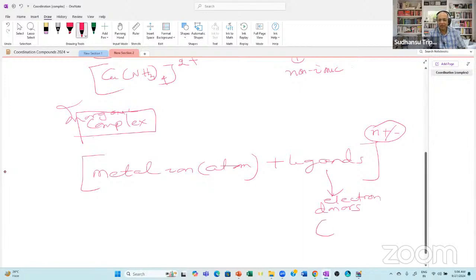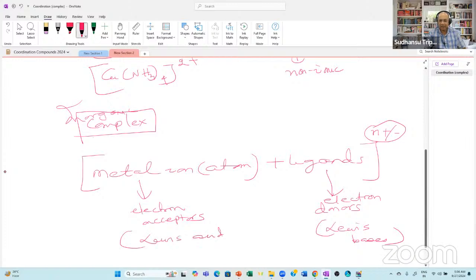And therefore, these ligands act as Lewis bases. And the metal ion or atom acts as an electron acceptor, and hence acts as a Lewis acid.